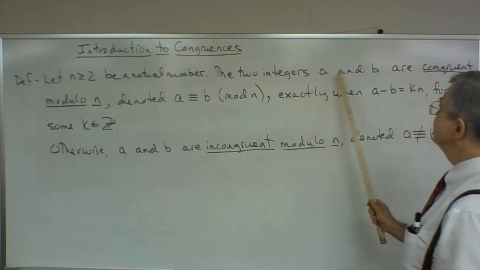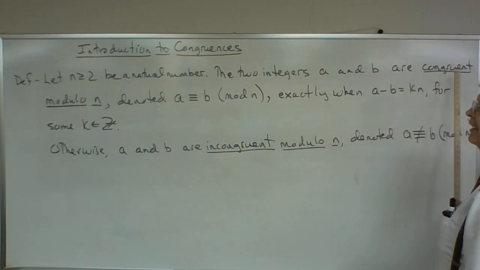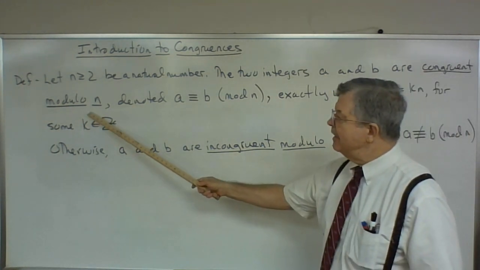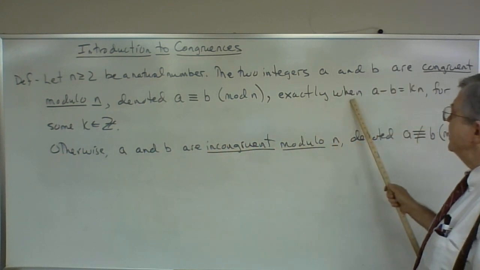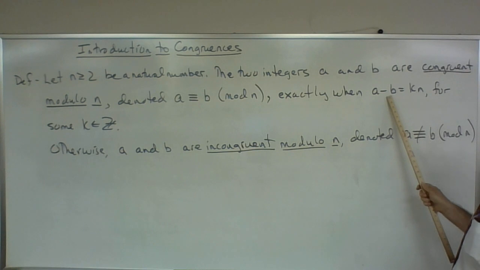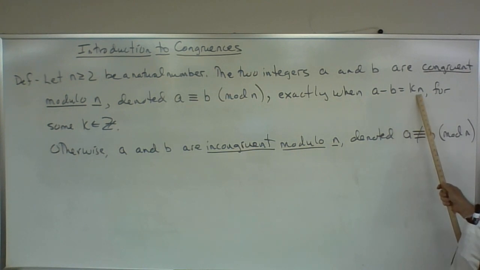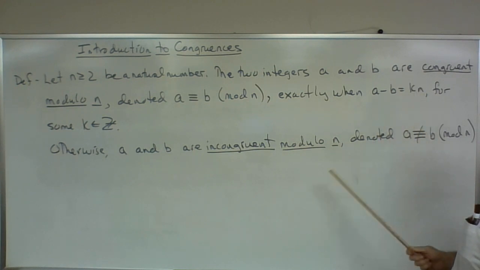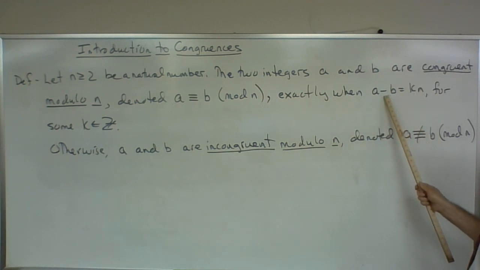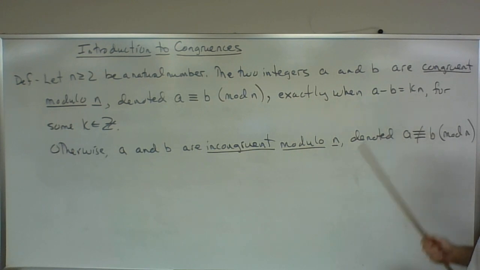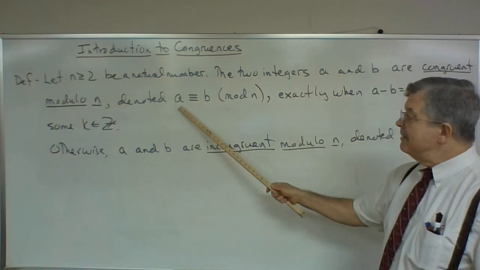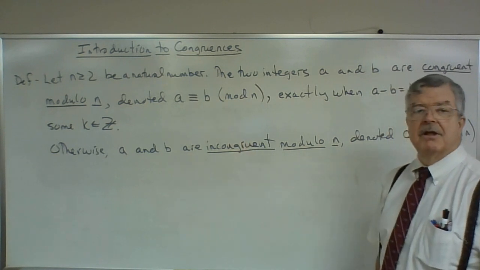The two integers a and b are congruent modulo n, and we denote it this way, exactly when the difference of a and b is equal to some integer k times n. So in other words, when the difference of a and b is a whole number multiple of n, then a and b are congruent modulo n.